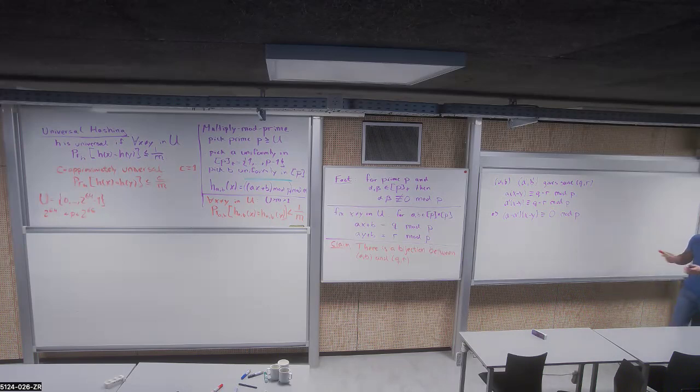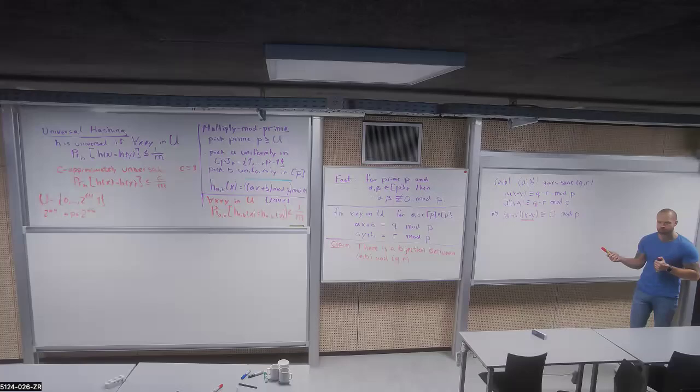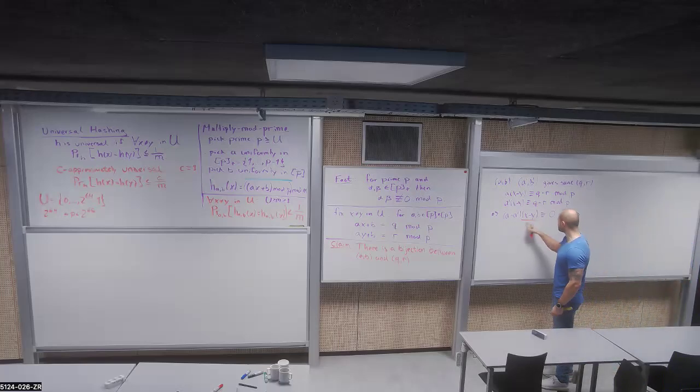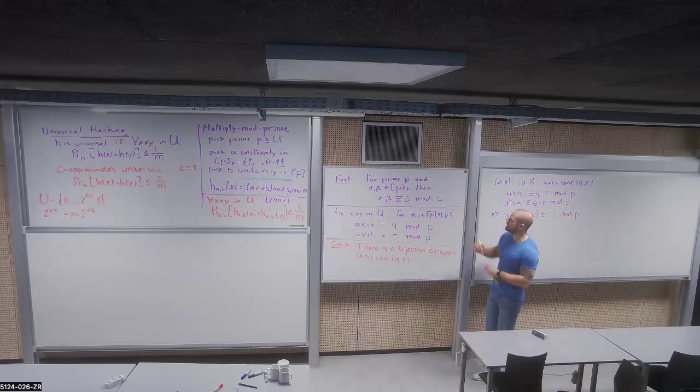Okay. But what do we have now? We're looking at distinct X and Y, right? We have a distinct pair X and Y. So X minus Y is a non-zero number mod P. This is not 0. So we can now use our fact, right?